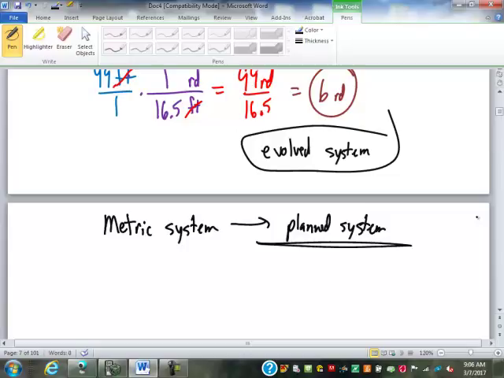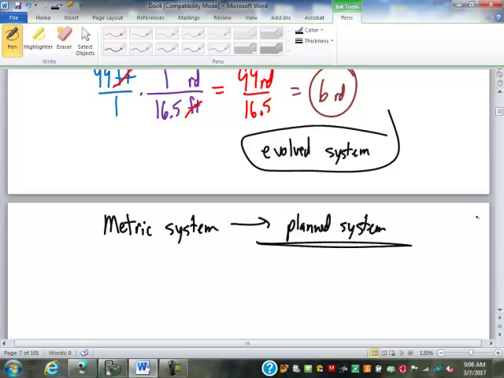So they took the standard system and they looked at its strengths and they kept those strengths, but then they looked at the weaknesses, the things that were clumsy and confusing, and they tried to fix them. They tried to create a system that didn't have those weaknesses. One of those weaknesses was, 3 feet in a yard, 12 inches in a foot, 16 and a half feet in a rod, those odd conversions.